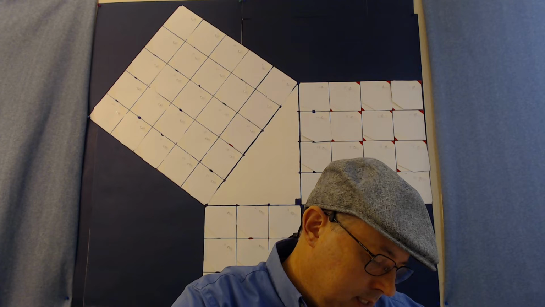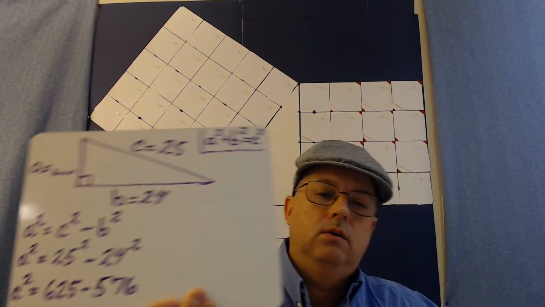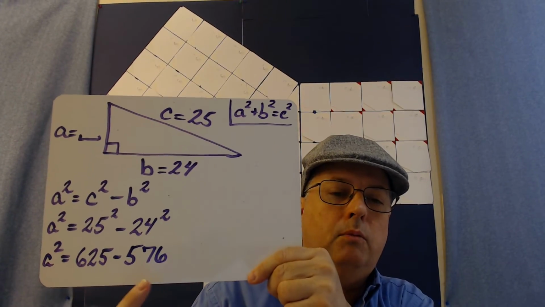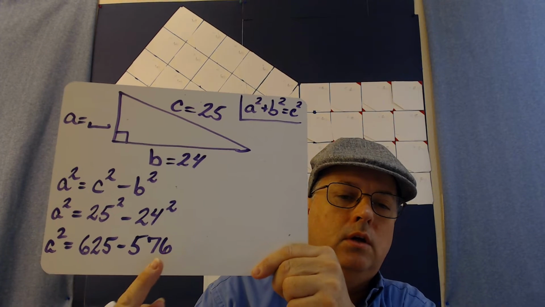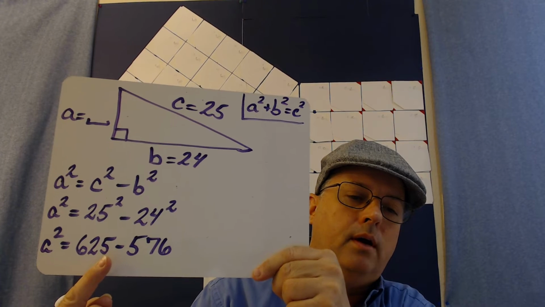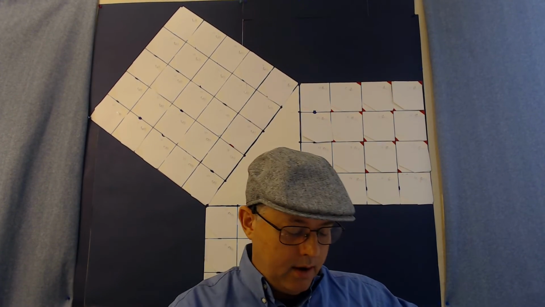And then 25 squared gives us 625. And 24 squared gives us 576. All right. Now we need to subtract those. And we can see the difference of these numbers. There's a 24 that gives us to 600, and a 25 here past 600. So that's 24 and 25 is 49.